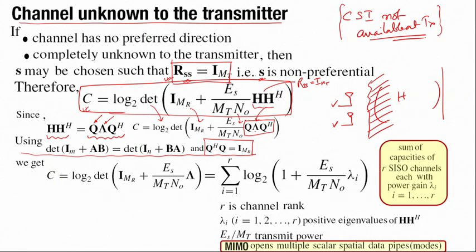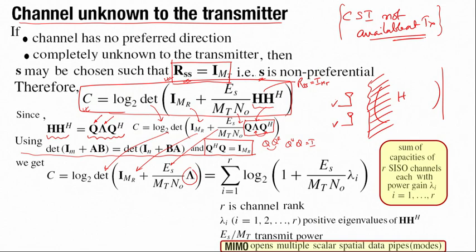That means, we will swap these two positions, and you are going to get Q Hermitian Q, which will be equal to identity.